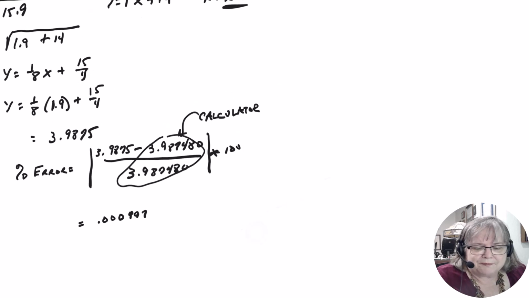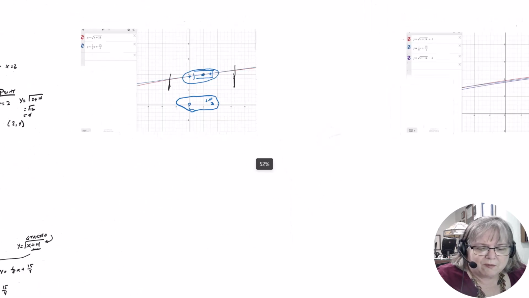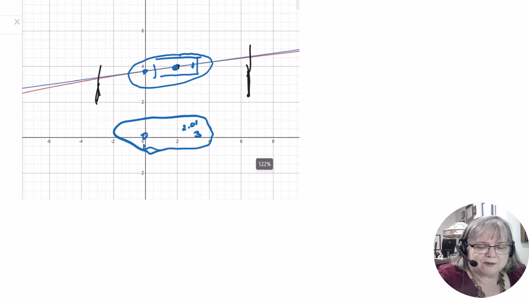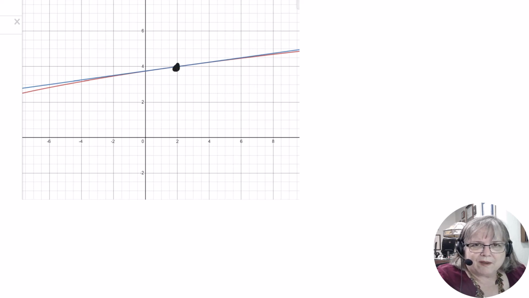All right. Now, percent. Why are we doing this? Okay. Let's go back up here. I'm just trying to show you that we can be really close with a low error percent. And this is the whole beauty and usefulness of this linearization, is that if you are somewhere in the vicinity of the area where you set up the linearization, you can use that and get numbers that are really very close to the actual number.